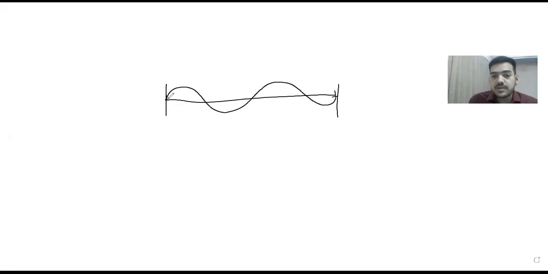So let's begin. Today we are going to study a type of superposition of waves. Please pay attention to this white screen. Imagine that there is a rigid support and a string in between. If I pluck this string, waves form. This wave goes in this direction, gets reflected, and comes back in this direction.